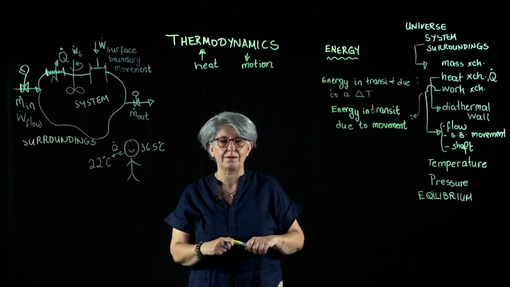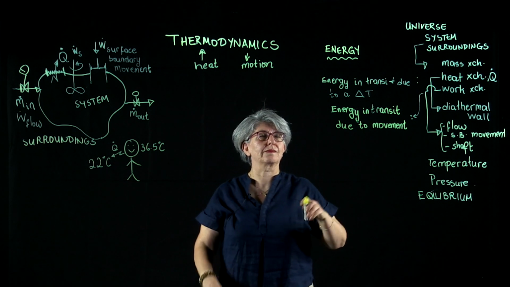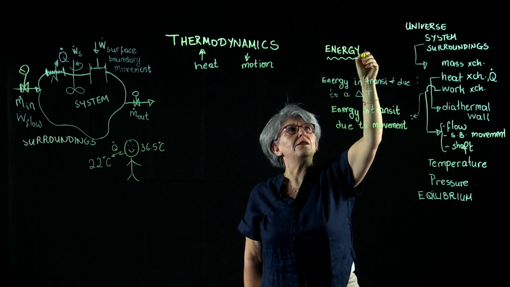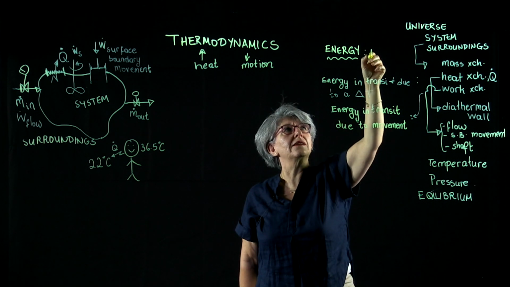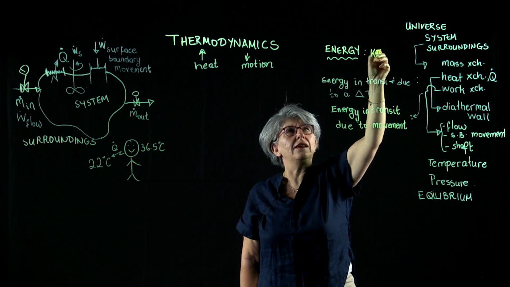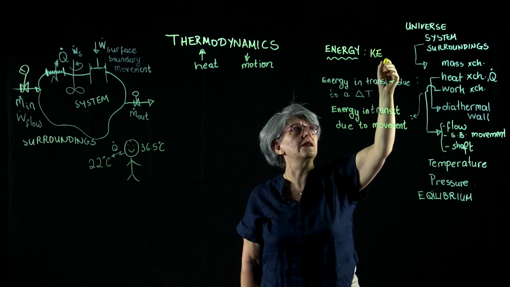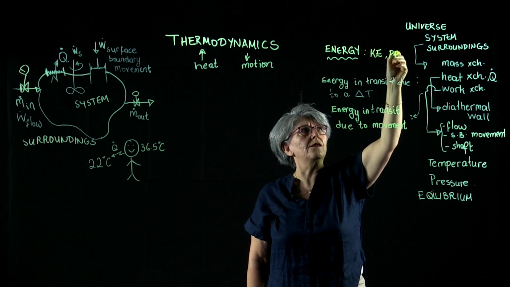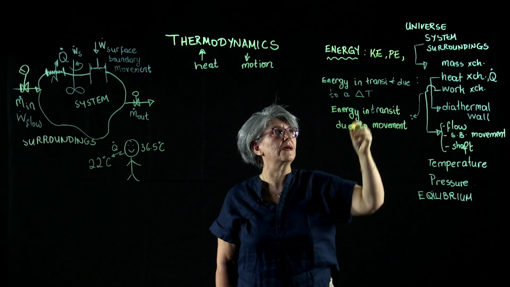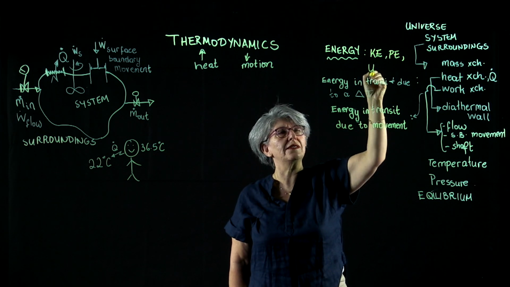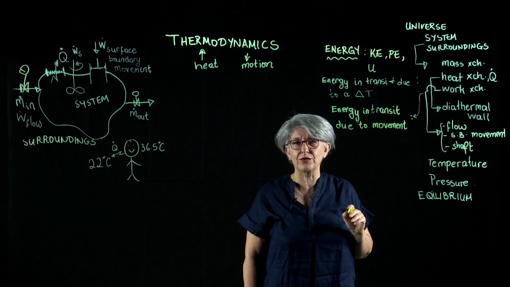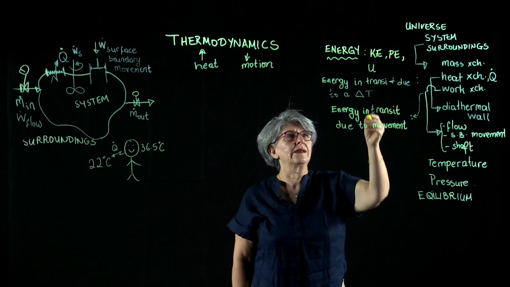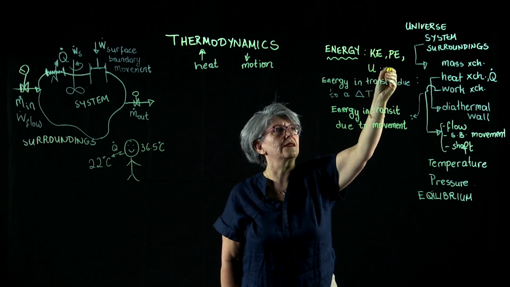So, I will write KE for kinetic energy, PE for potential energy. I have this letter U for internal energy, and so forth.